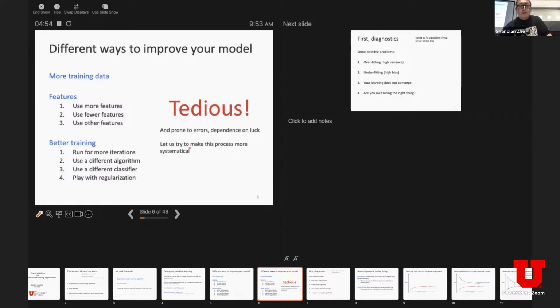So we want to make the debugging process more systematic, to help you better understand what kind of factors cause the behaviors of the algorithm, so that you can choose an efficient and smarter way to improve your model rather than just blindly shooting.